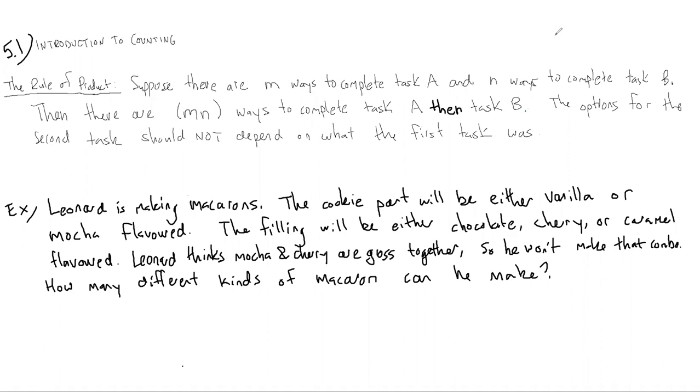So in this case, our choice of cookie, so if I do cookie first and then follow it up with filling, the problem here is that the filling is not independent from the cookie.